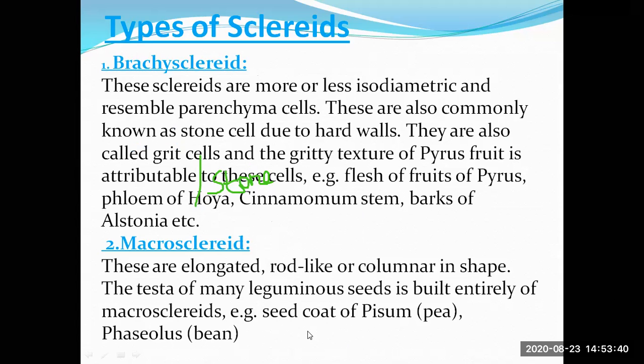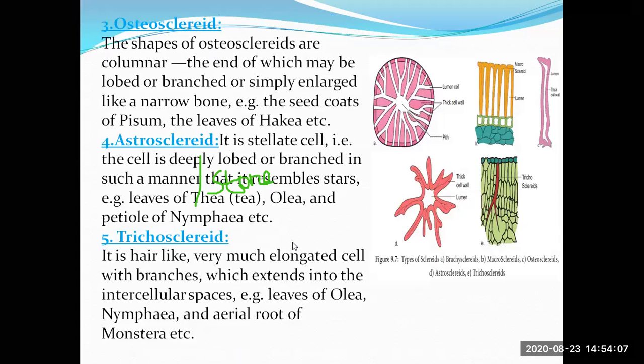Leguminous seeds means some pulses like Pisum sativum, peanut, Phaseolus mungo or Phaseolus radiatus, meaning black gram and green gram. These are all leguminous family members. These are very common in the seed coat, that is testa. Seed coat is also known as testa. Okay, this is the second one.